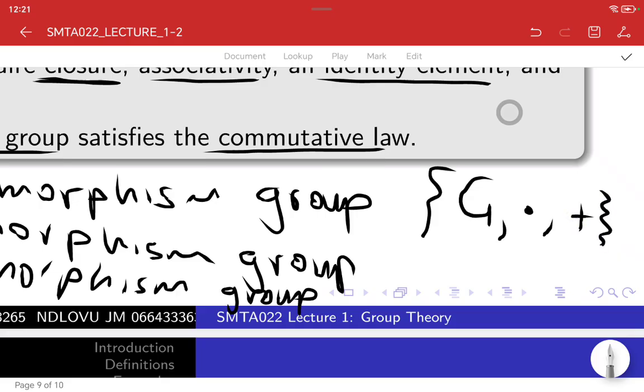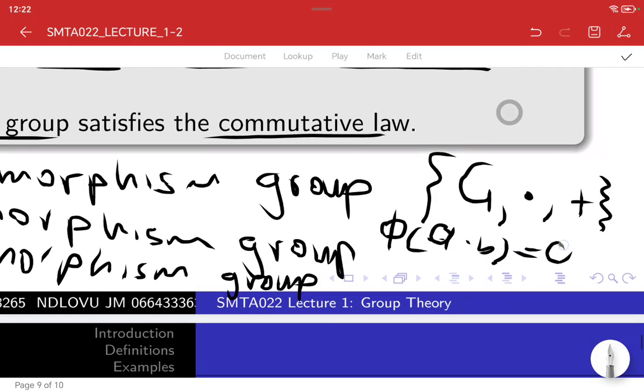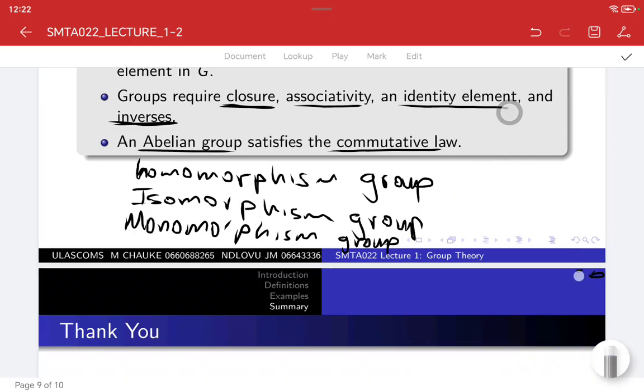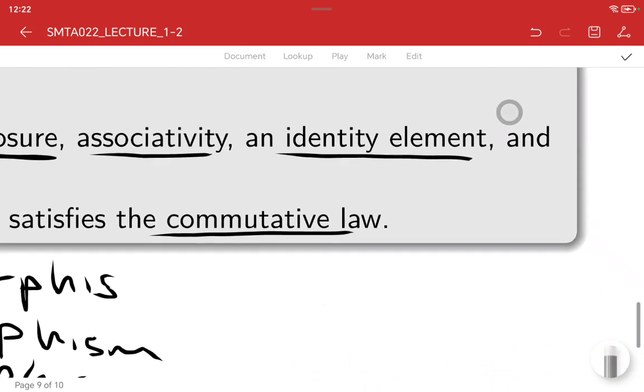If I take two elements, let's say A and B, and I have the function 5, and I apply this function on A times B, I find that this is equal to 5A plus 5B. Or instead of having a group like this, I believe this one could be the most complicated group. If I have something like this, let me say I have something like this.